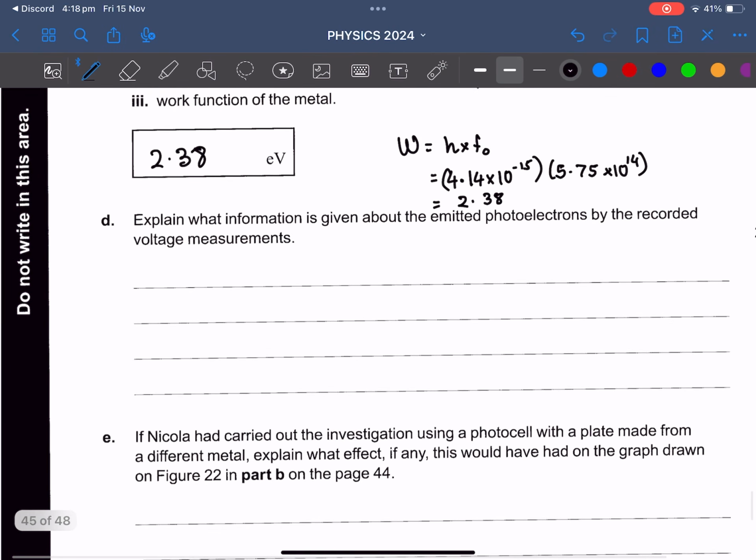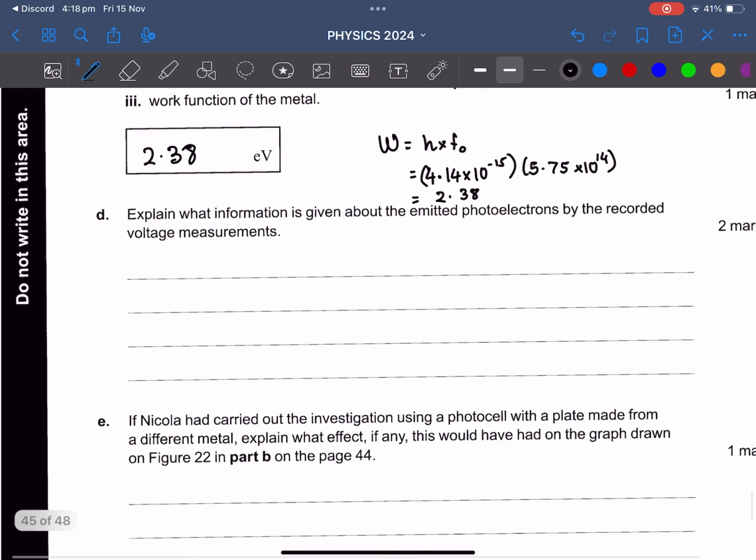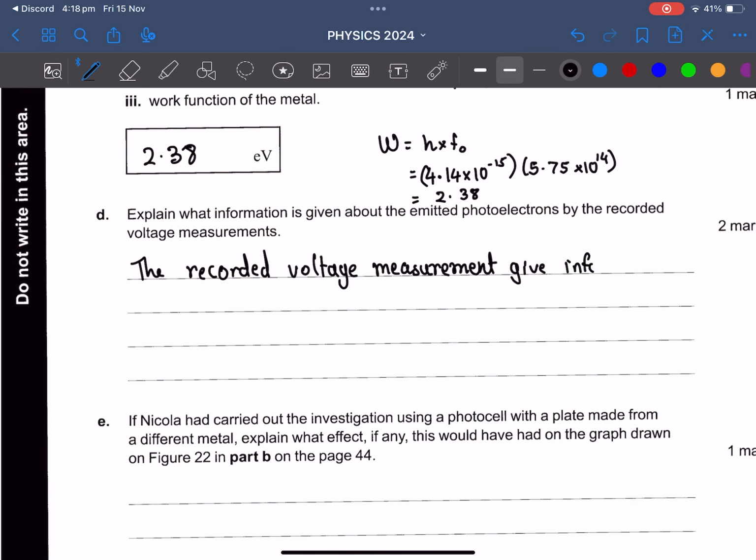Explain what information is given about the emitted photoelectrons by the recorded voltage measurements. Okay, well, the recorded voltage measurements give information about the max kinetic energy, because these are all stopping voltages, right?